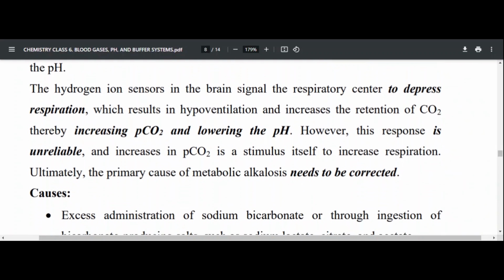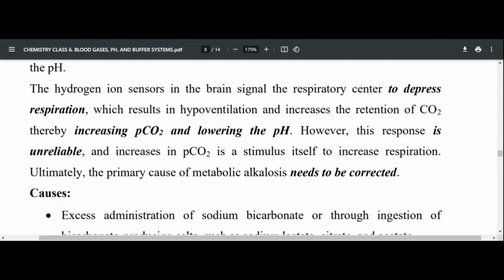However, this process is not reliable and is very hectic, because even though it happens, it also increases problems, because when lungs are trying to conserve CO2, and CO2 is toxic, that's also an unreliable process. So what will happen ultimately?